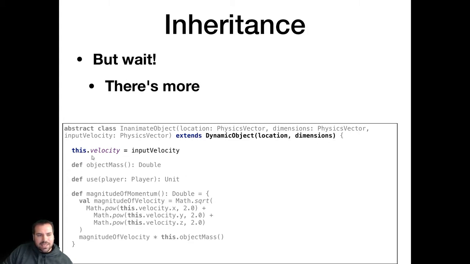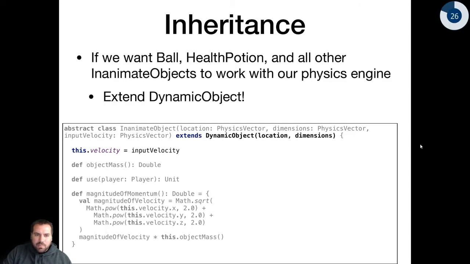So I'm going to add a line here saying this dot velocity, which it got from the dynamic object class, and set it equal to this input velocity, which is properly named differently than the velocity variable in the dynamic object class, which I should have had on the other slides. My apologies. And then set that velocity, this dot velocity, which is from the dynamic object class, equal to initial velocity, and get all of the functionality of the dynamic object class, which means that balls and health potions now work with our physics engine.